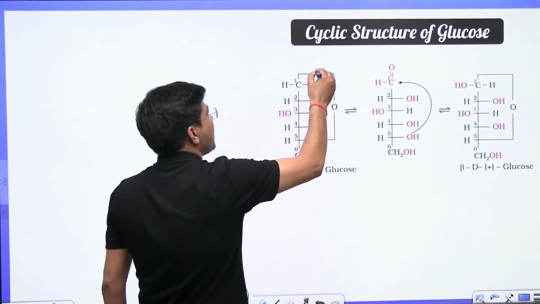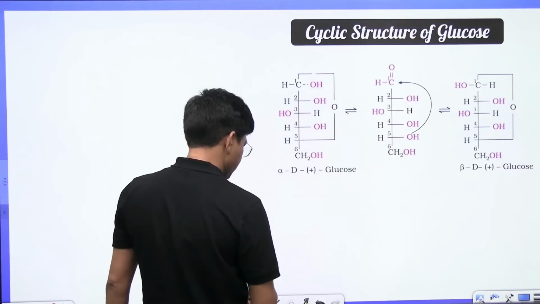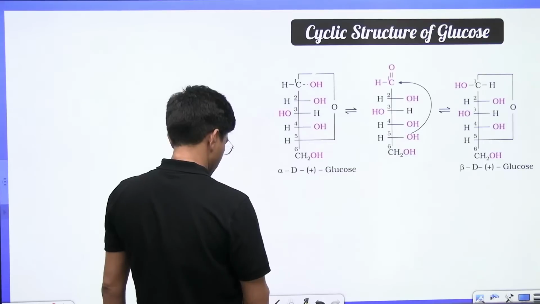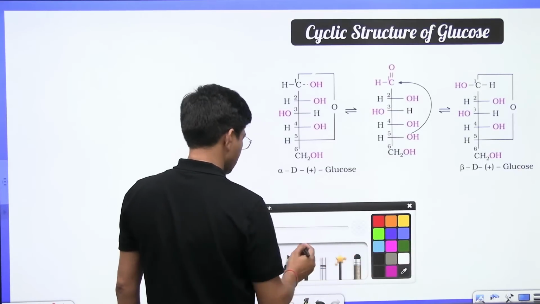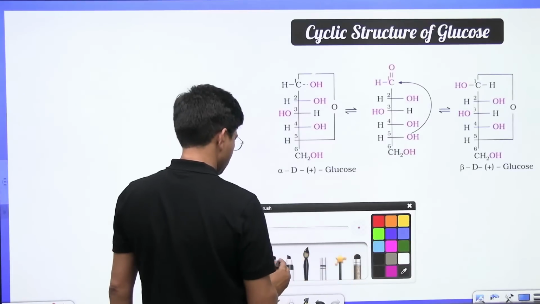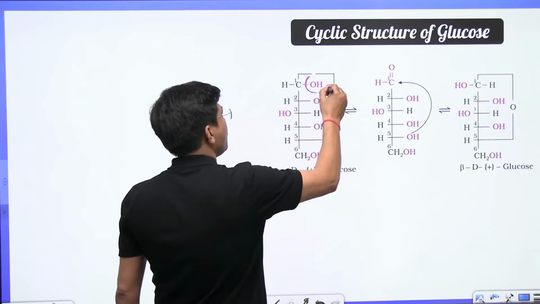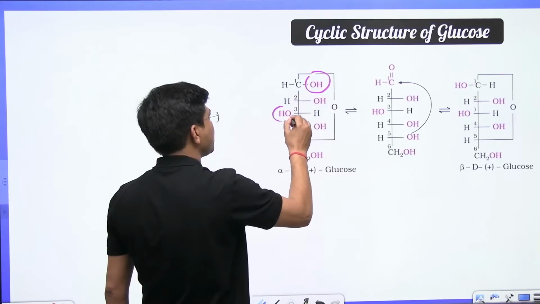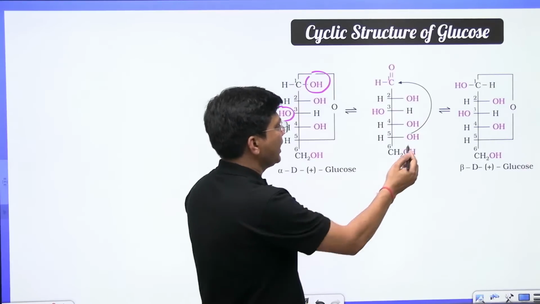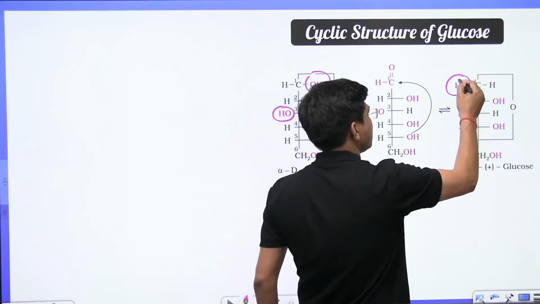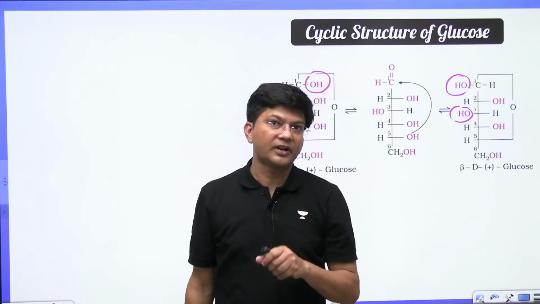See, first carbon OH and third carbon OH are on the opposite side, that's why it is alpha D glucose. And see, when the first carbon and third carbon OH are on the same side, it is beta D glucose. Is this clear to all of you?